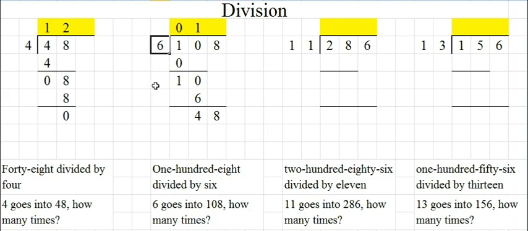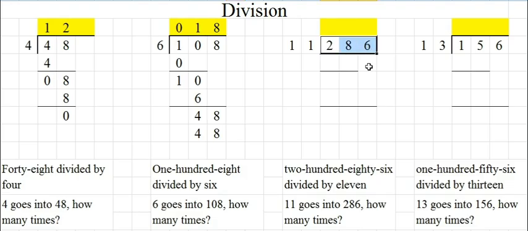Then I could say 6 goes into 48 8 times. 8 times 6 is 48. So if I subtracted 48 and 48, I would get 0. So my problem is now done. Let's do the next part.